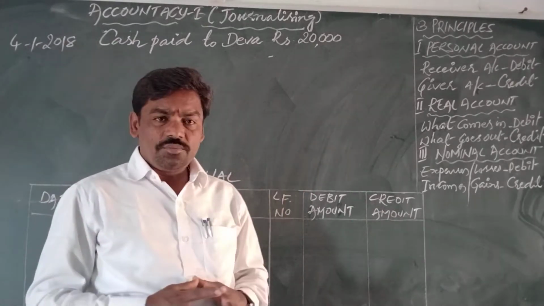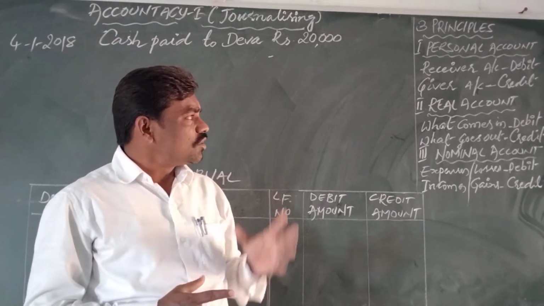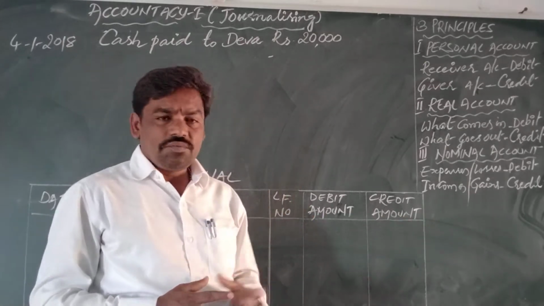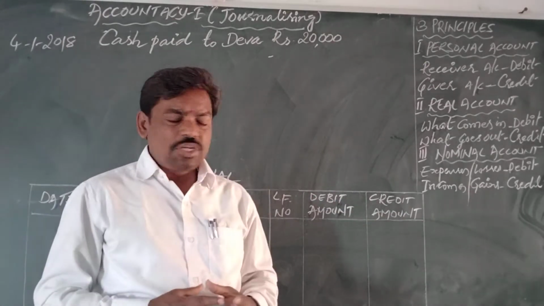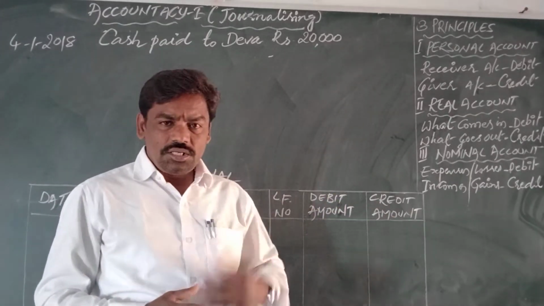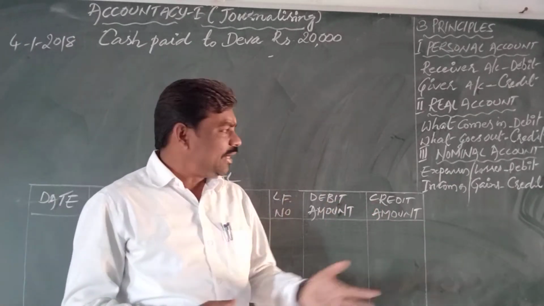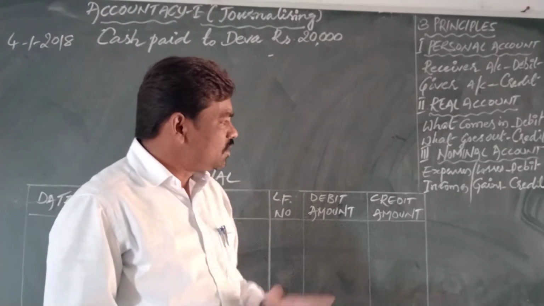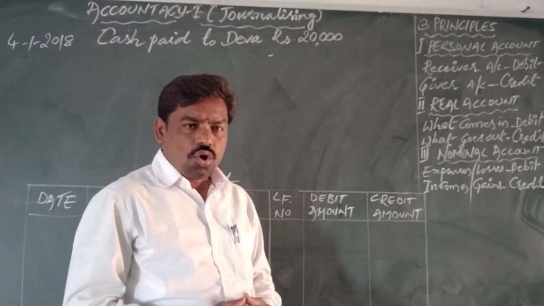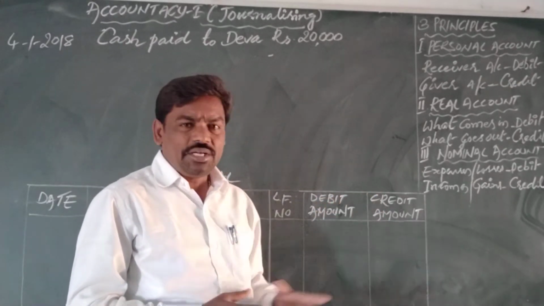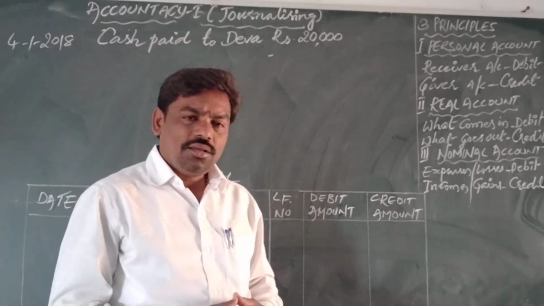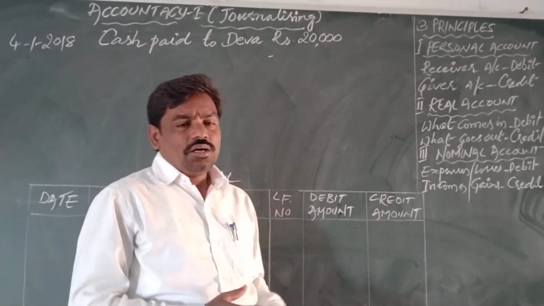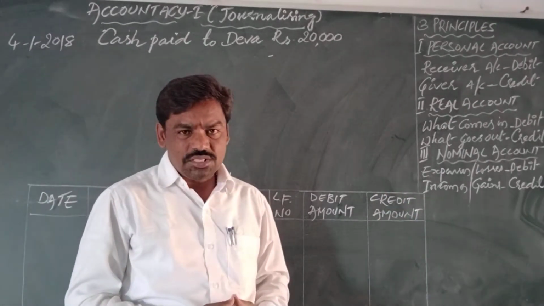The personal account principle: receiver account debit, giver account credit. Real account principle: what comes in debit, what goes out credit. And nominal account principle is that expenses, losses, costs should be debited and incomes, gains and profits should be credited. So these are the three accounts and their principles.